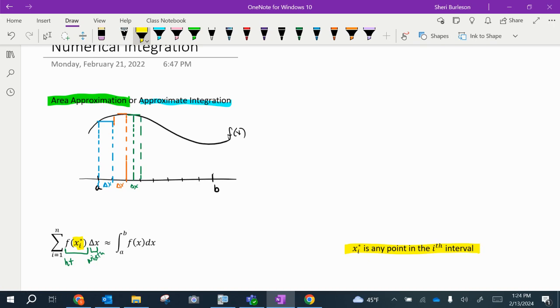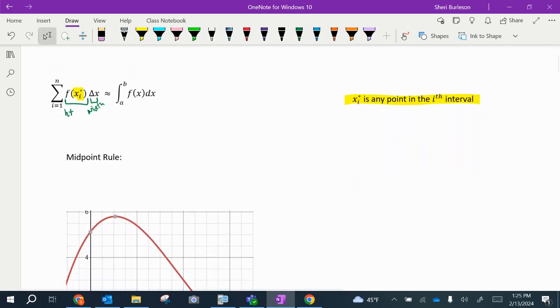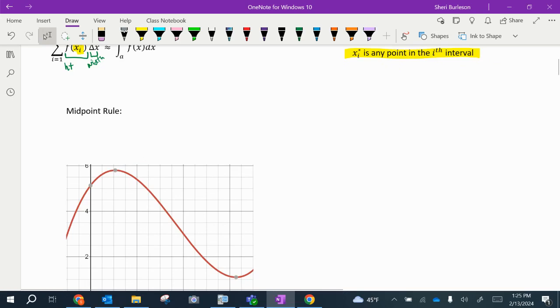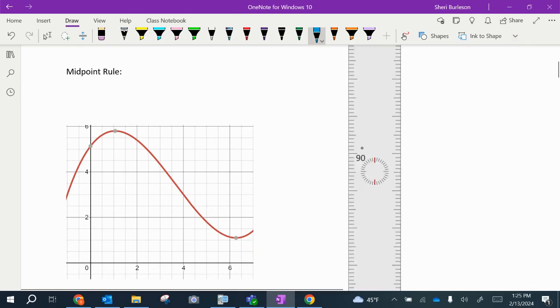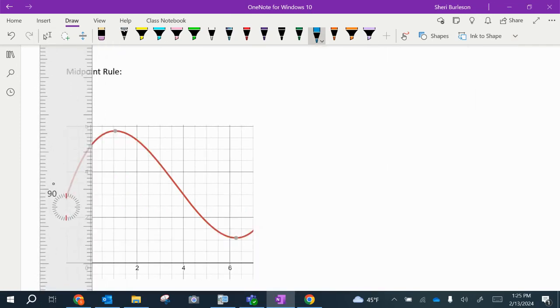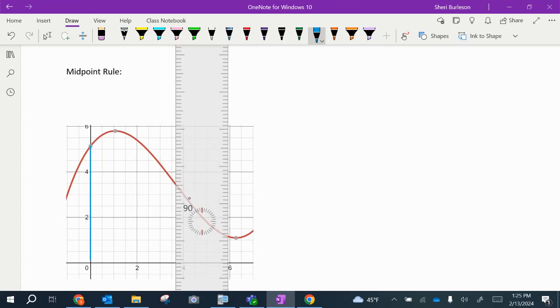The first one we're going to look at is the midpoint rule. So if I were to look at this, let's go from 0 to 6, and let's break it into intervals of 1 unit.